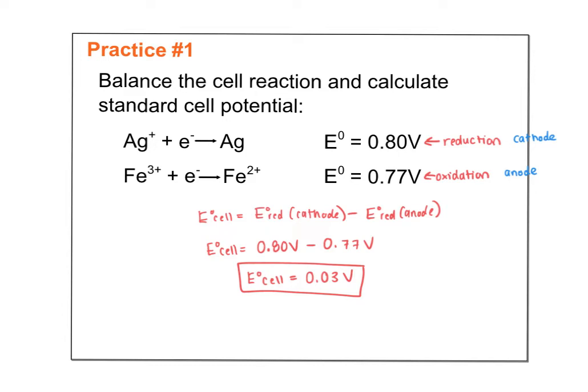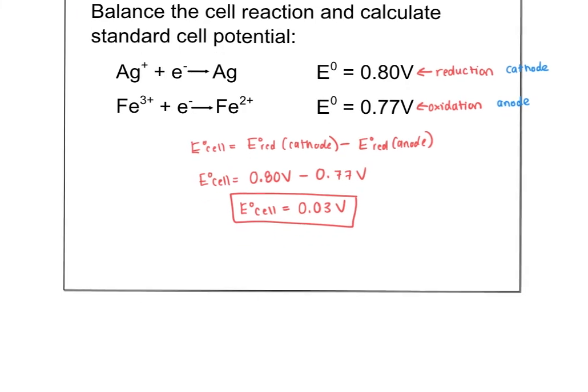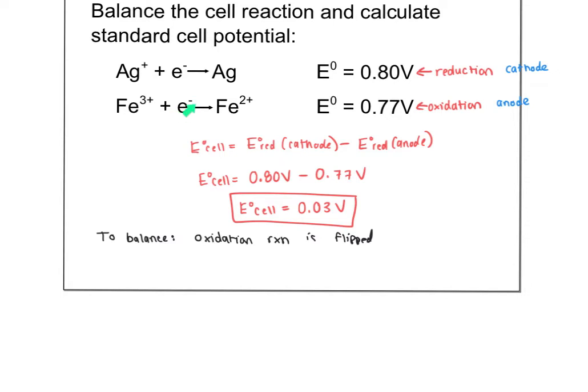Let's now balance this redox reaction with the information that we know. To balance, we need to flip the oxidation reaction, because right now my oxidation is actually written like a reduction. It's gaining electrons.